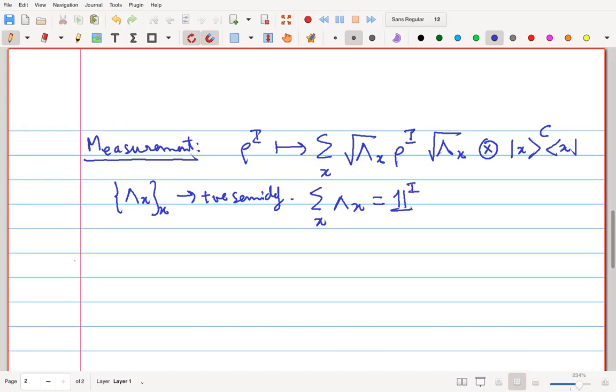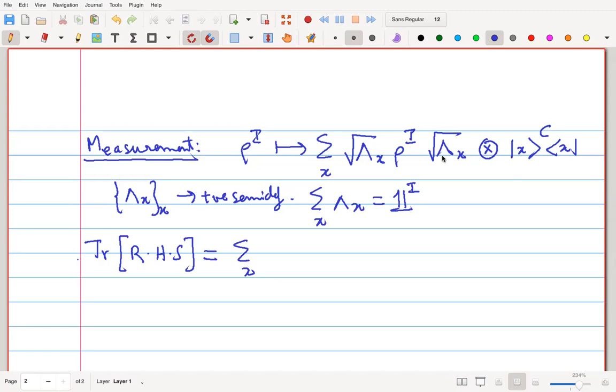Let us check what is the trace of the right hand side. At least let's check if the trace is 1. Trace is linear, right? So it is a summation over x. Now this is a tensor product of two things, and the trace respects the tensor product.